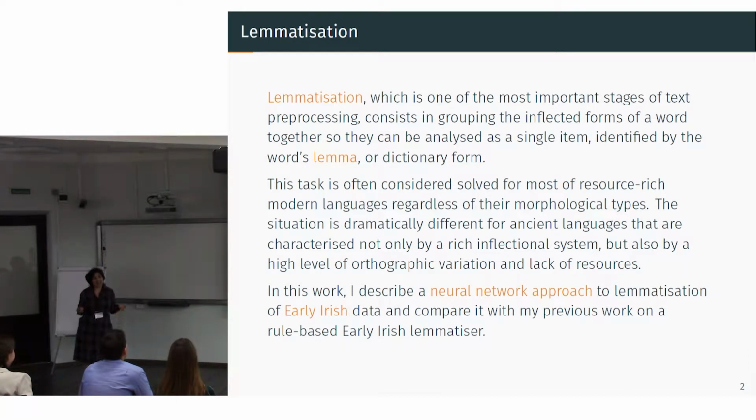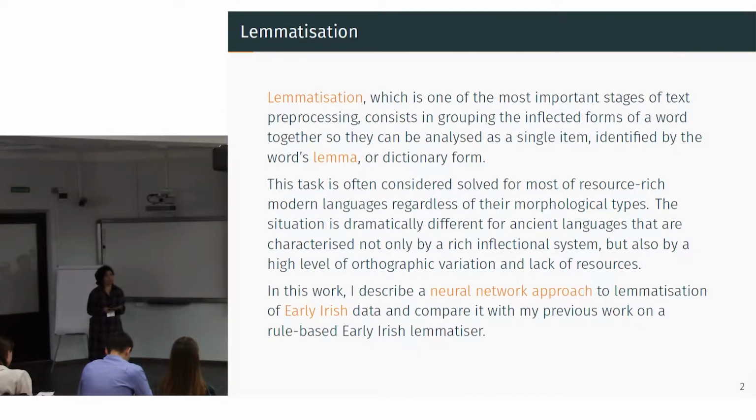First of all, I think everyone knows what lemmatization is. It's basically grouping forms of a word together, so they can be analyzed as a single item. This task is often considered solved for modern languages, but when it comes to under-resourced languages, and especially ancient languages, it becomes more challenging because we simply don't have enough data.